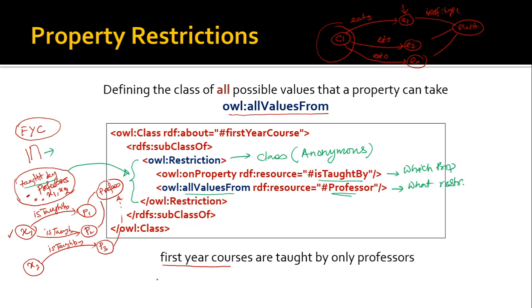So we are defining this first year course. So something is a first year course. For all courses, something is called a first year course if, because we have one subclass thing, right?